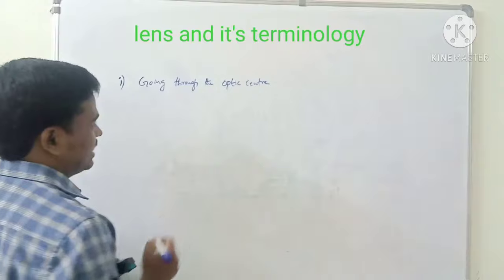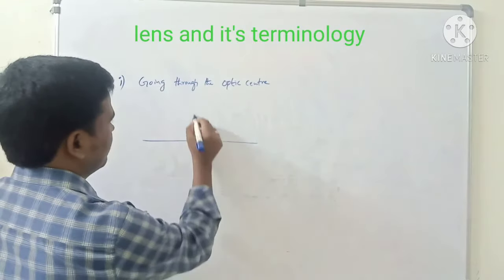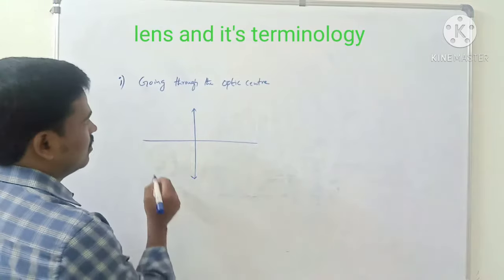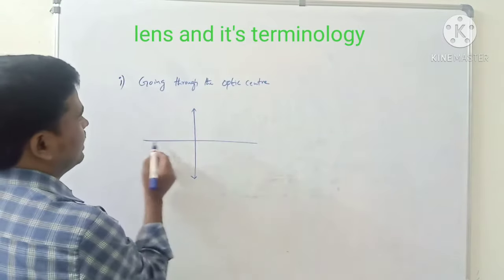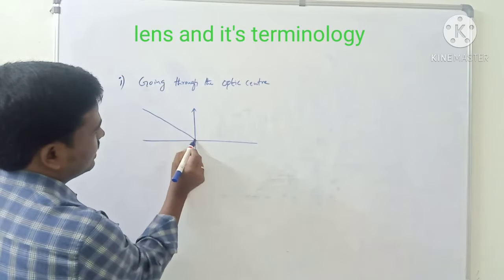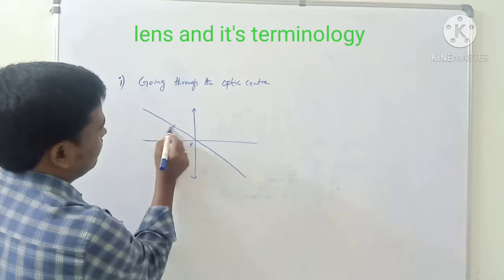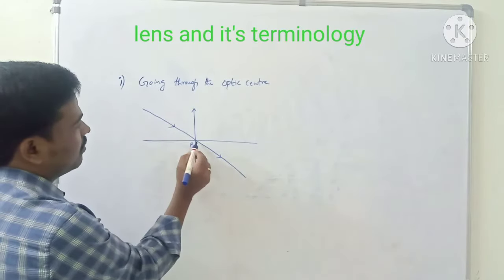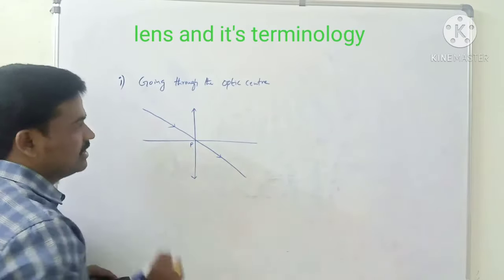We can draw a simple convex lens using the symbol. This is the optic center. If any ray goes through the optic center, the ray doesn't deviate. You must remember this.